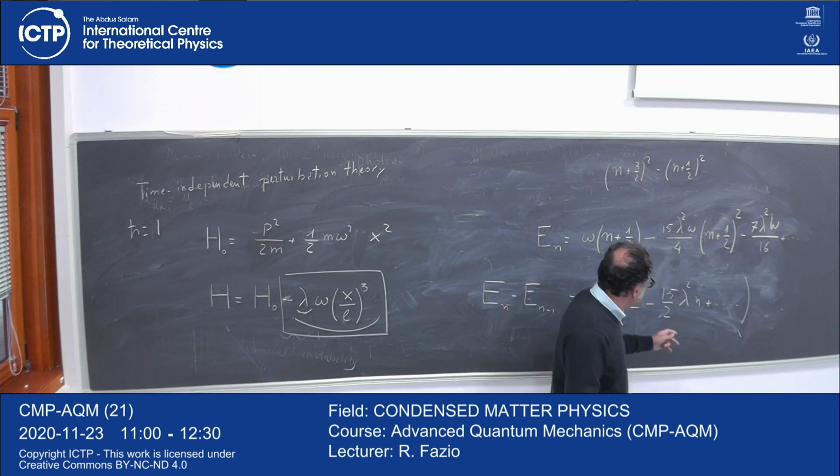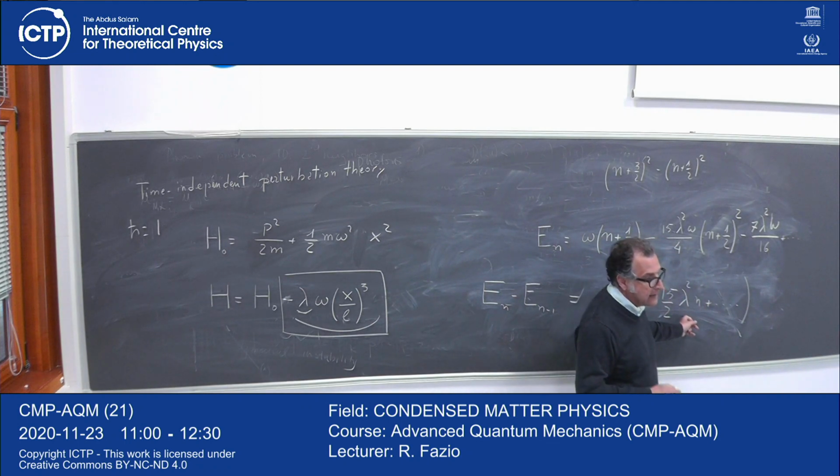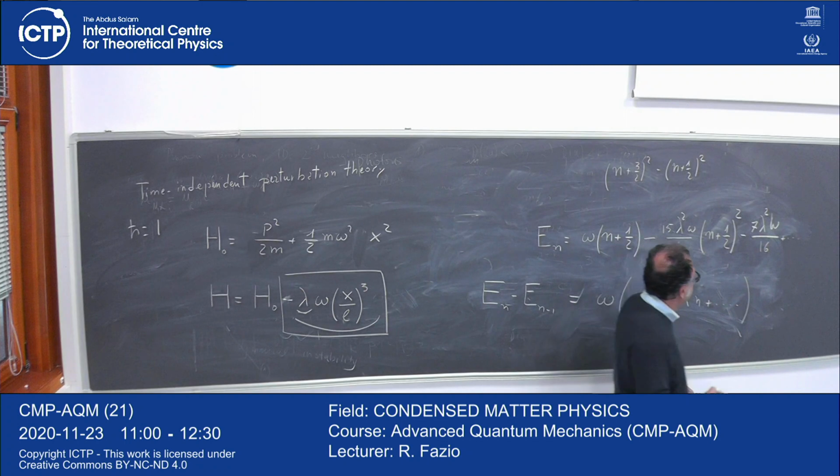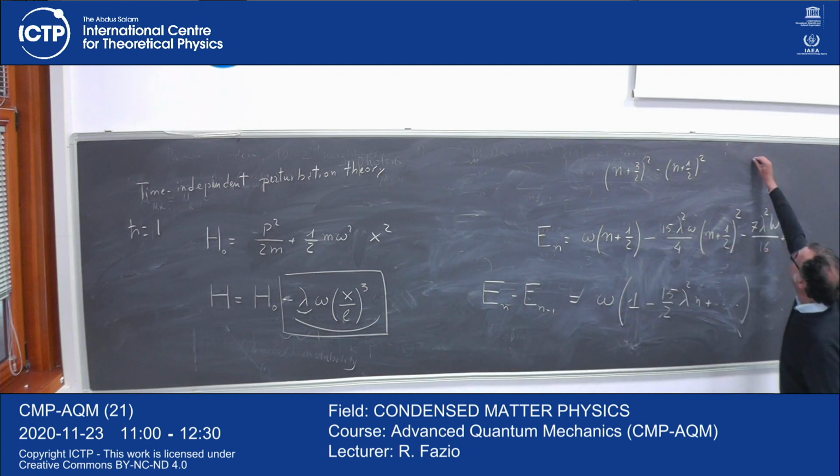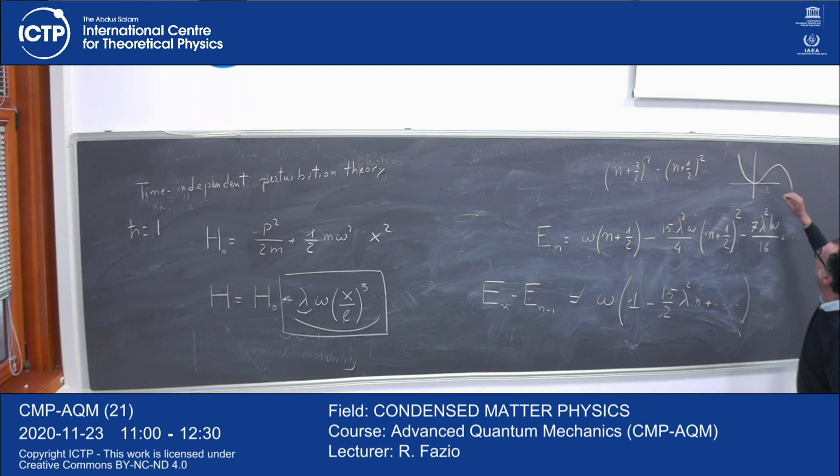Now you see that the smaller is lambda, the larger the number of levels, from 0 up to a certain value, you can consider by perturbation theory. You can see it in this way. So you see that if you have a potential of this kind, if the lambda is small, then it will be something like this.